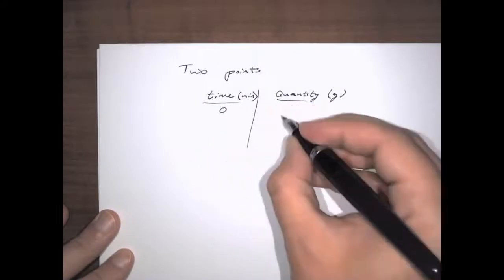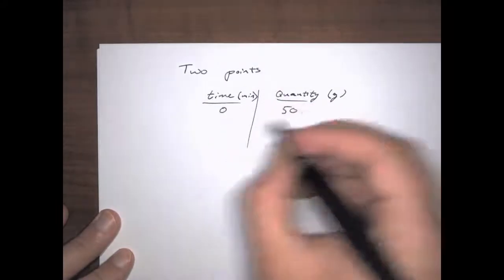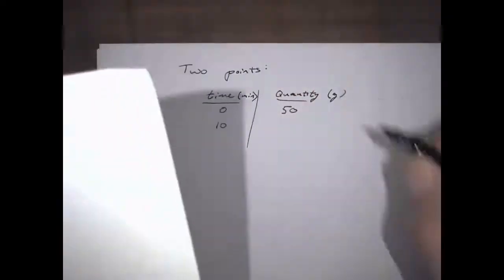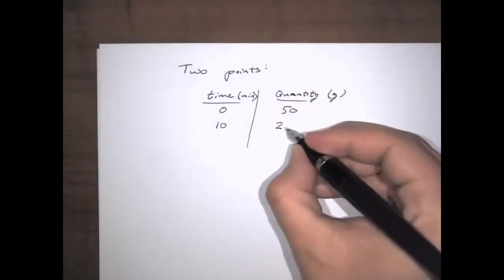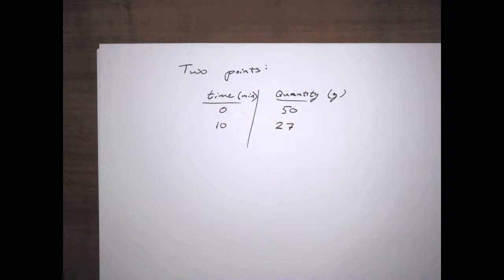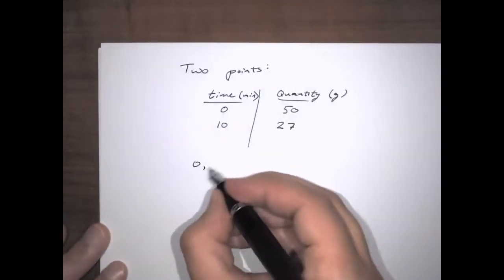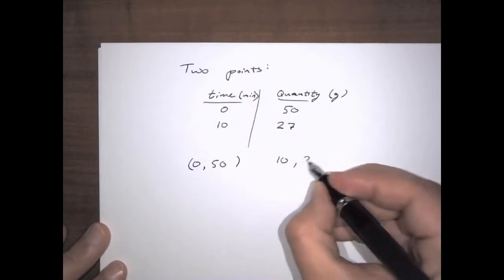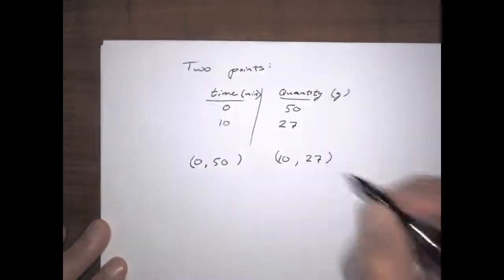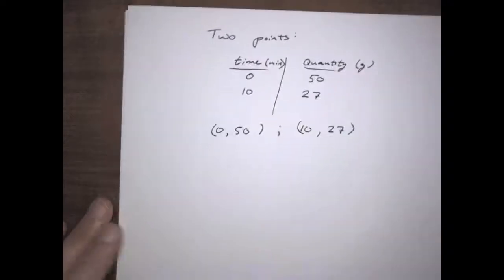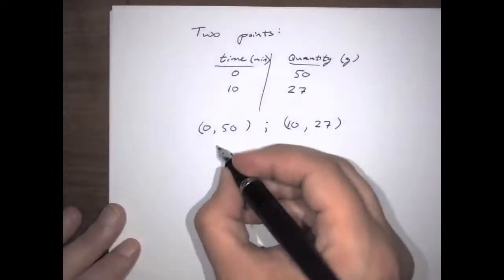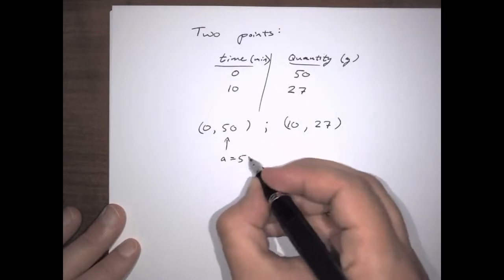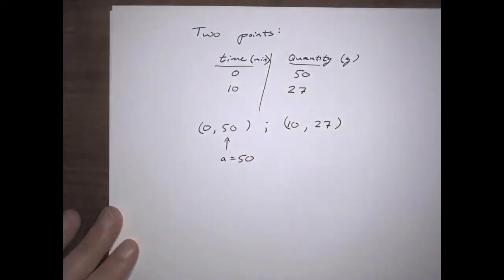So when it started, there were 50. Then 10 minutes later, it was down to 27. So we once again got a good setup here. 0, 50, 10, 27. Well, looking at this, we can see that a is 50 because it's the y-intercept.